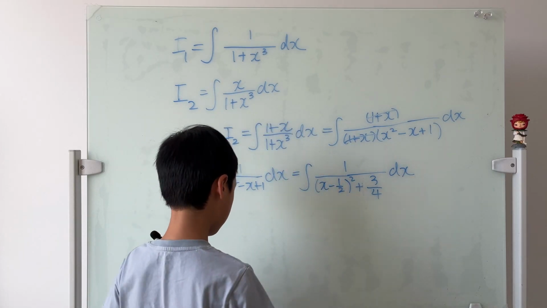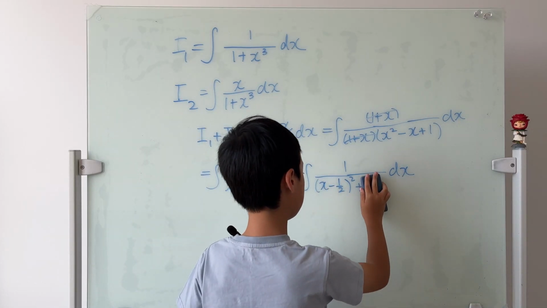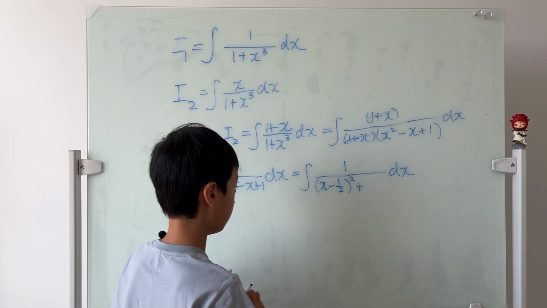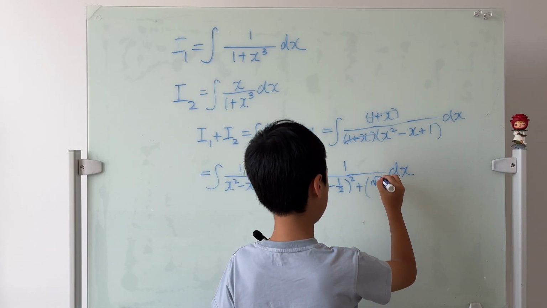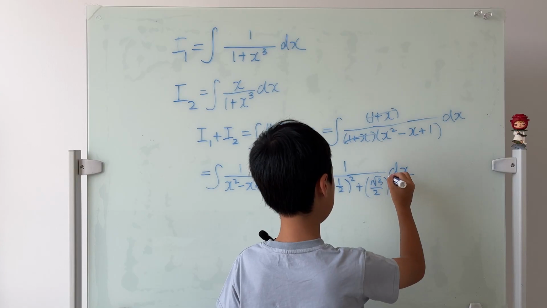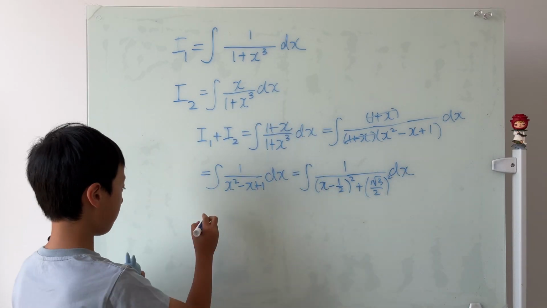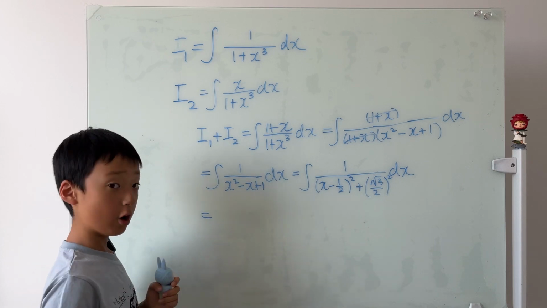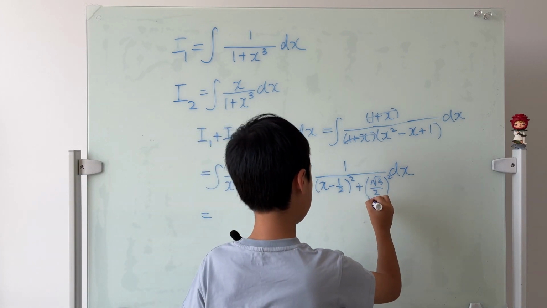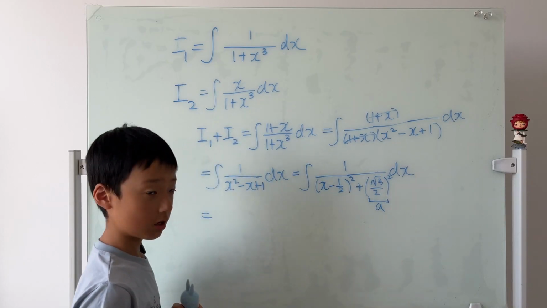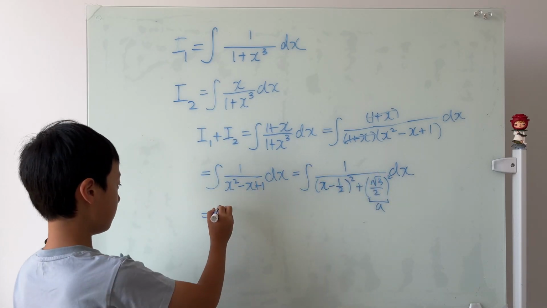And I will change this 3 over 4 into square root of 3 over 2 squared. So we can use the inverse tangent formula, equal to 1 over a, which is this, so it's just the reciprocal of this.